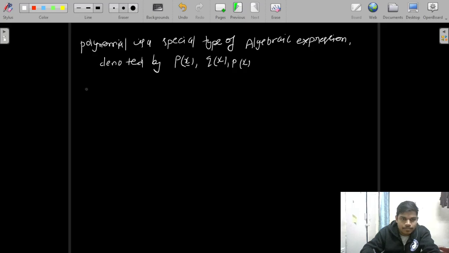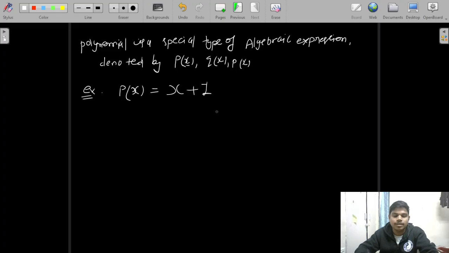So I'm writing an example of a polynomial, a very simple example. I'm taking p(x), this is my p(x). p(x) is equal to x plus 1, right? This is a very simple polynomial.